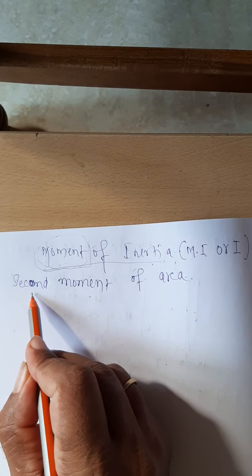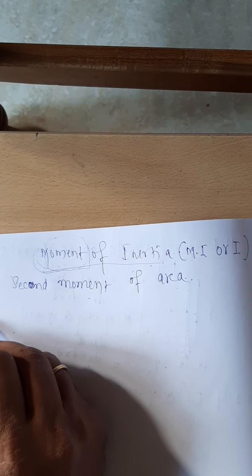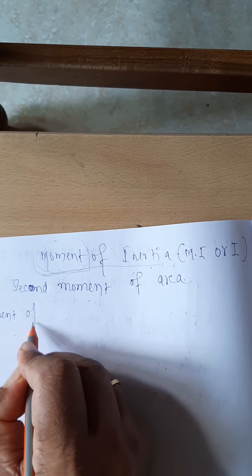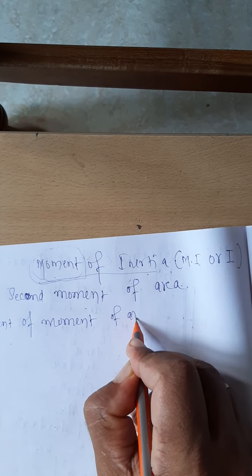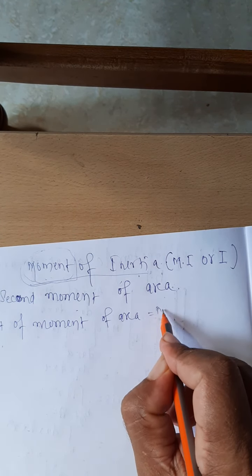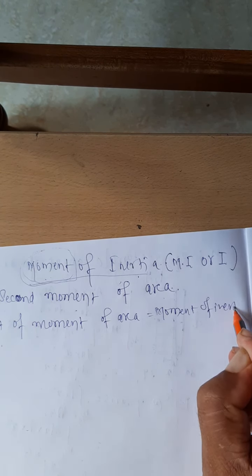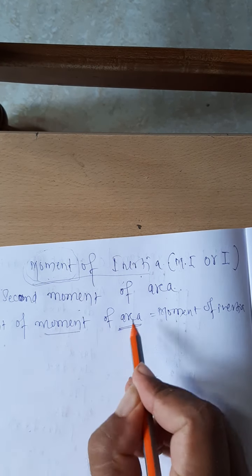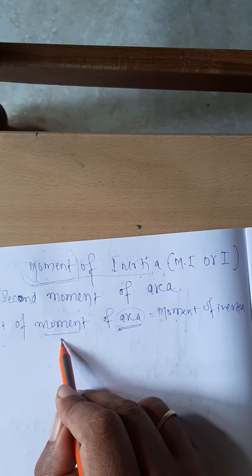The basic definition of moment of inertia starts with the moment of area. It is related with the area and the moment. Therefore, the moment of area is the area multiplied by where that area is located.